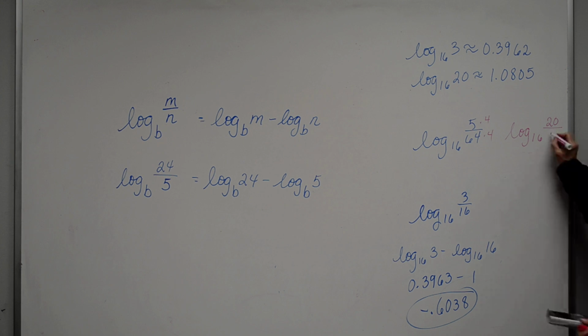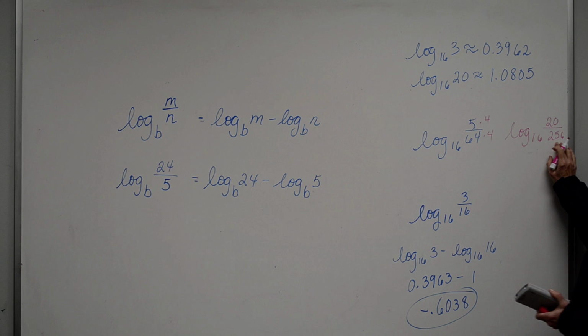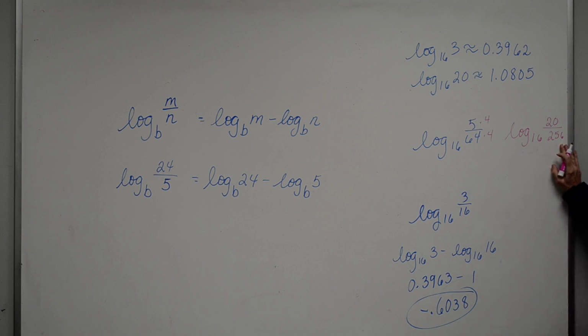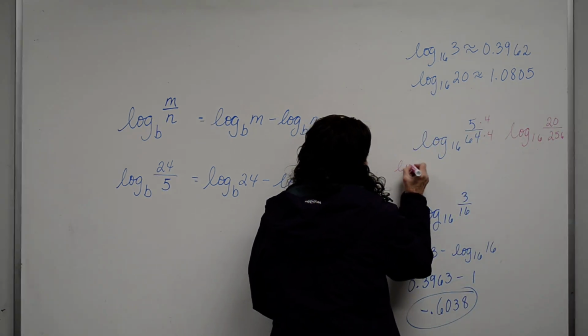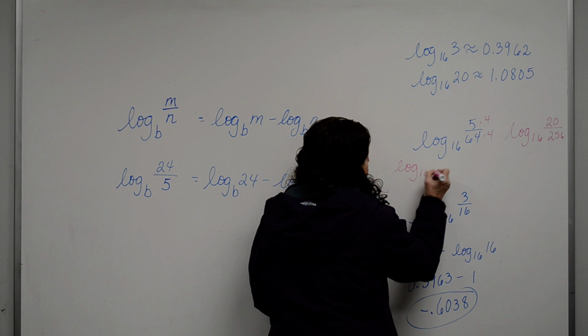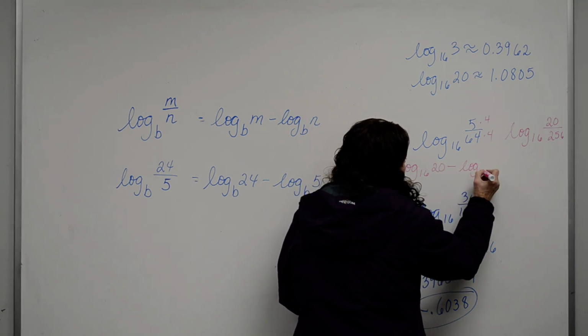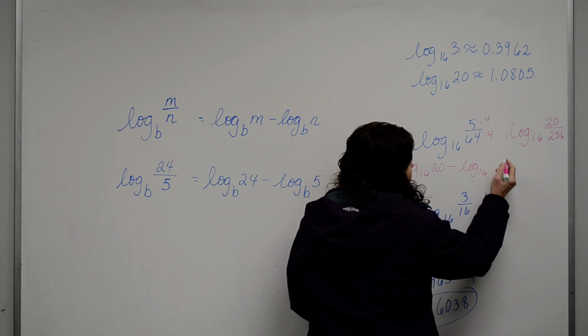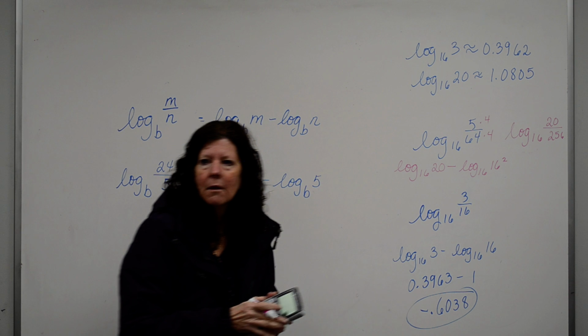Yeah. And you go, well, that doesn't really help. Well, yeah, it actually does, because 256 is 16 squared. Okay? So then I have the log of base 16 of 20 minus the log of base 16 of 16 squared.